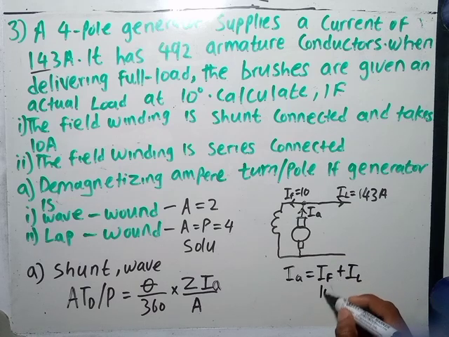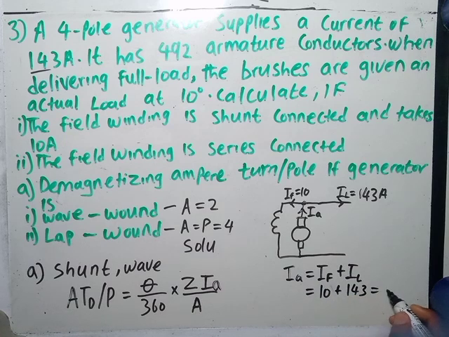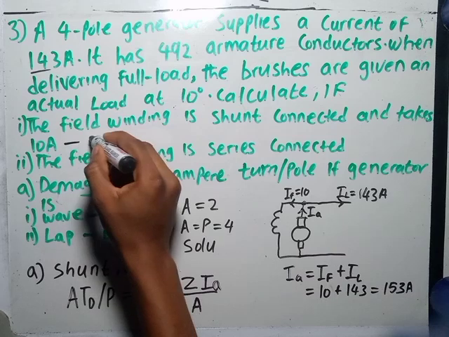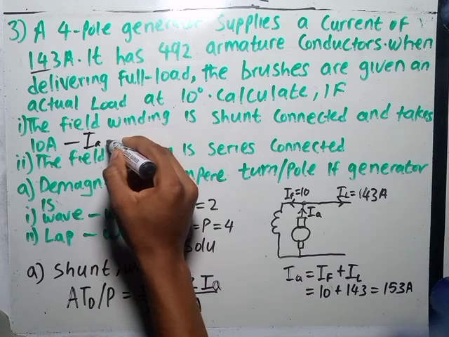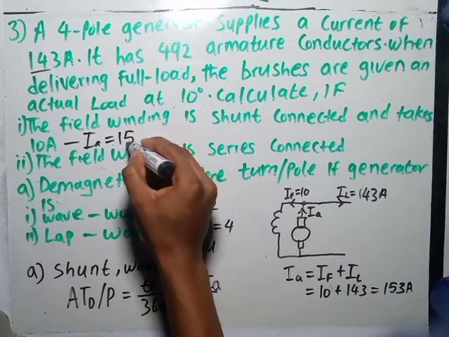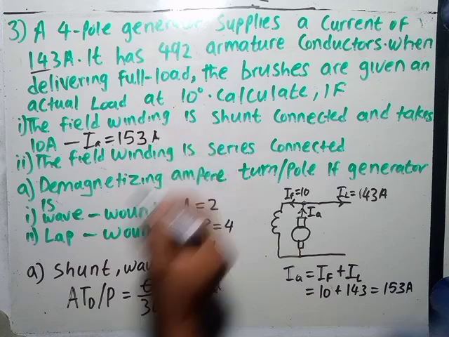Our IF is 10, and our IL is 143. The total is 153 ampere. So this is our armature current, and we can write it down: our armature current will be 153 ampere.